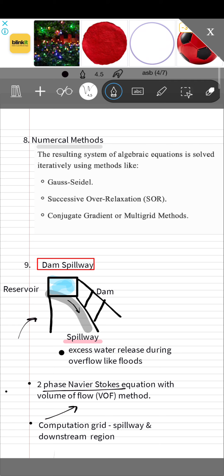Now, what is this volume of fluid method? The volume of fluid method is based upon tracking the air and the liquid interface.